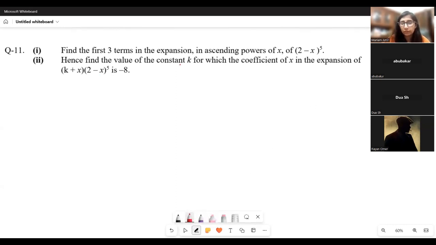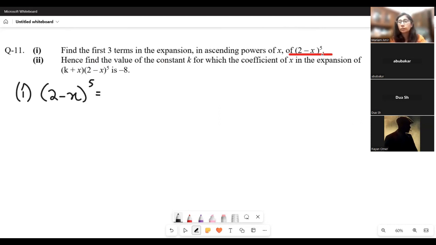Find the first three terms in the expansion in ascending power of x for (2 minus x) power 5.